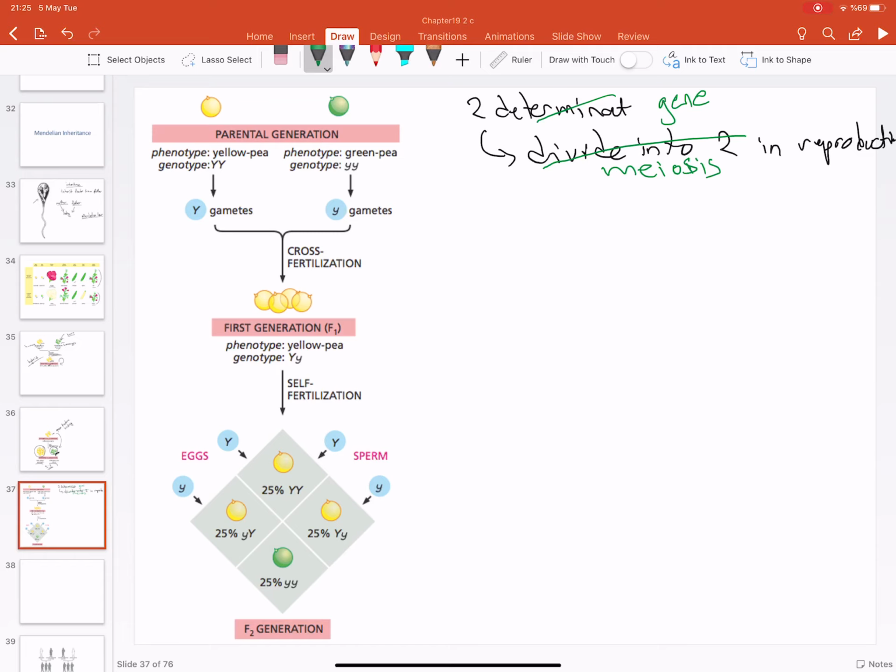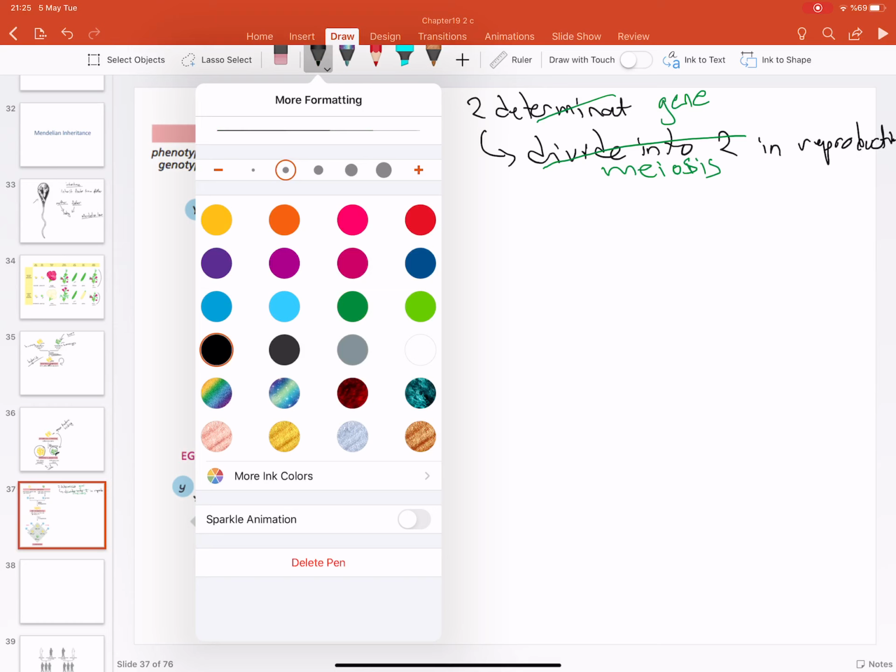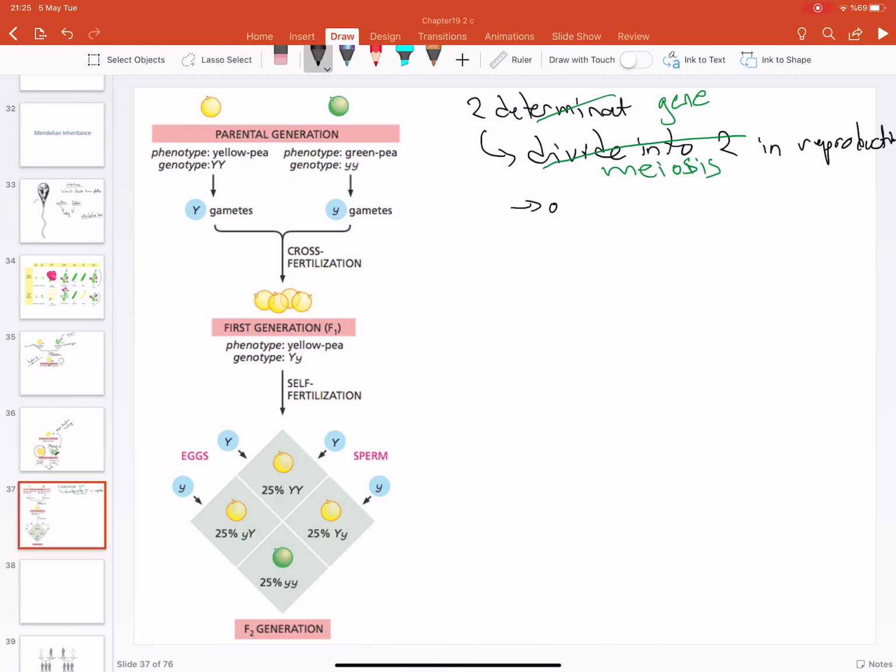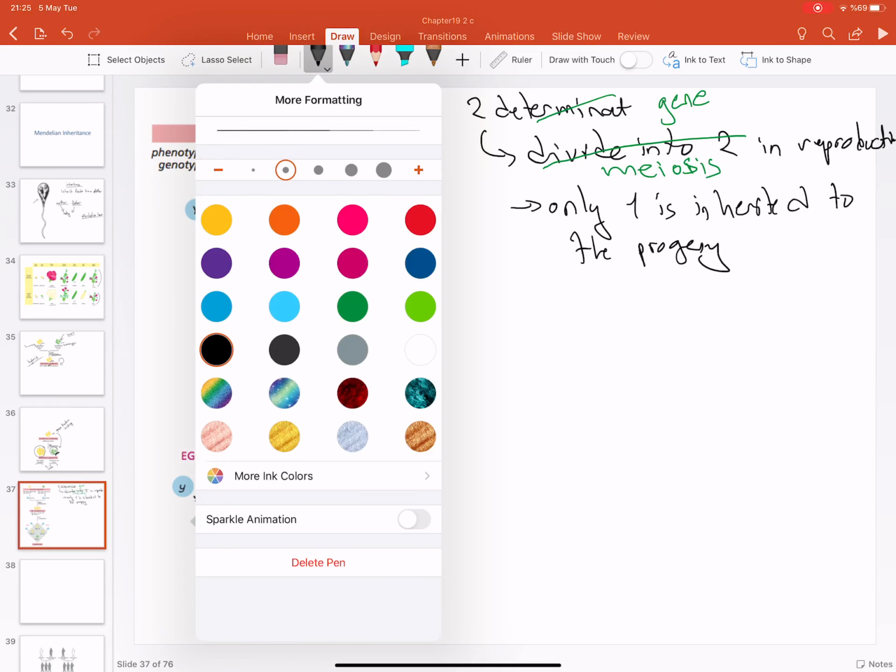And he said that when they divide into two, only one is inherited to the progeny. And we know that only one of the gametes will be used, only one of the alleles will be used. So this is the first Mendelian law.